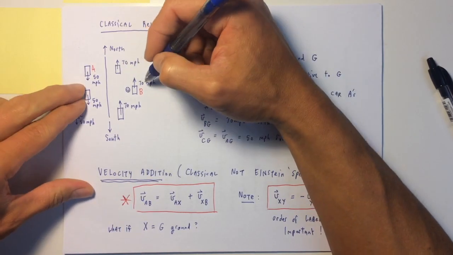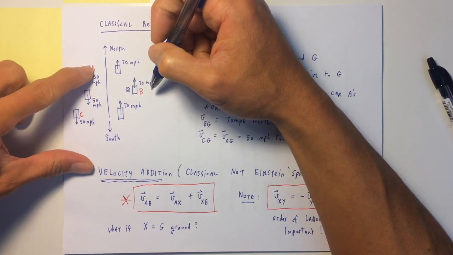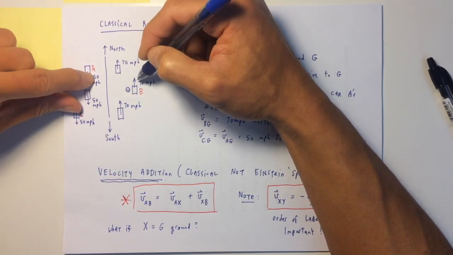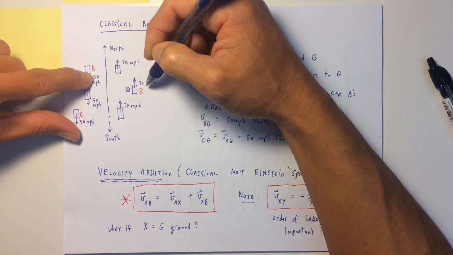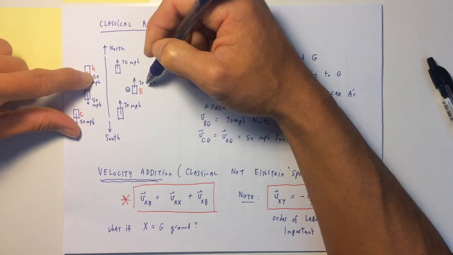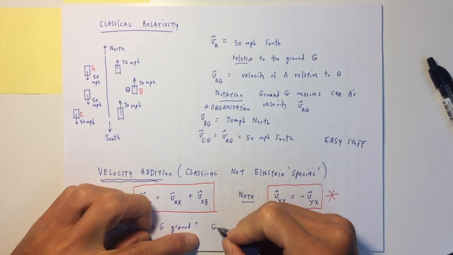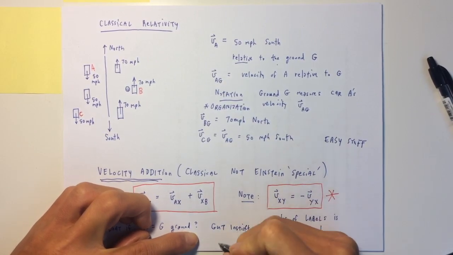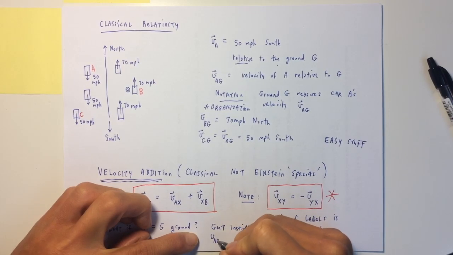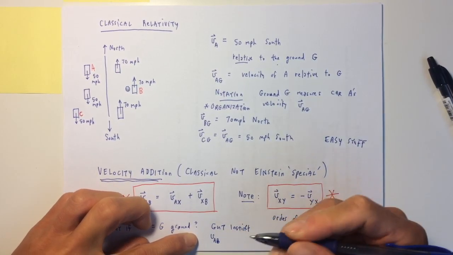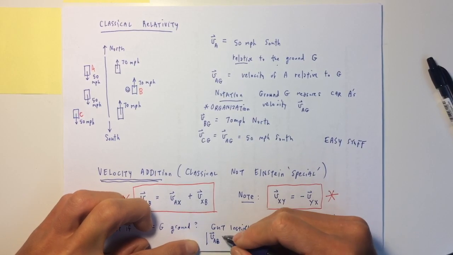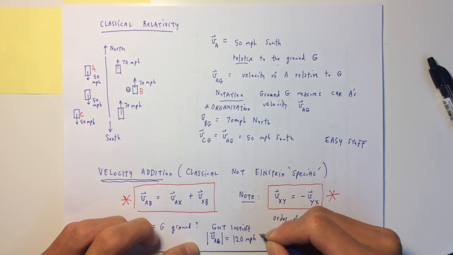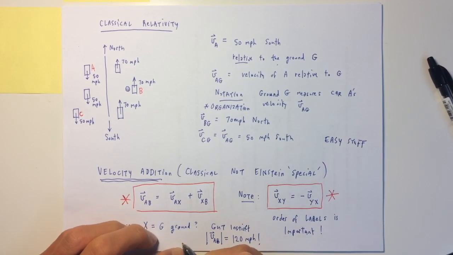And I bet you've got a gut instinct that A travels past B at 50 plus 70 miles per hour, 120 miles per hour. So we have a gut instinct that the velocity of A with respect to B at least has a relative speed of 120 miles per hour, right? This is our guess.